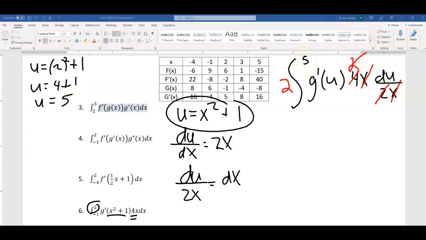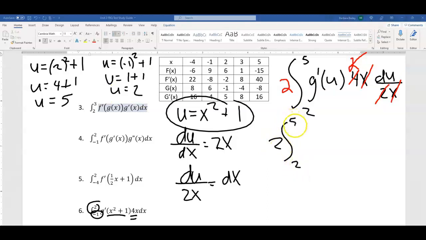And then I'm going to go ahead and change the bottom limit, -1. And that becomes 2. So if I were to write this a little bit more clean now, we have a 2 in the front, 2 on the bottom, 5 here.